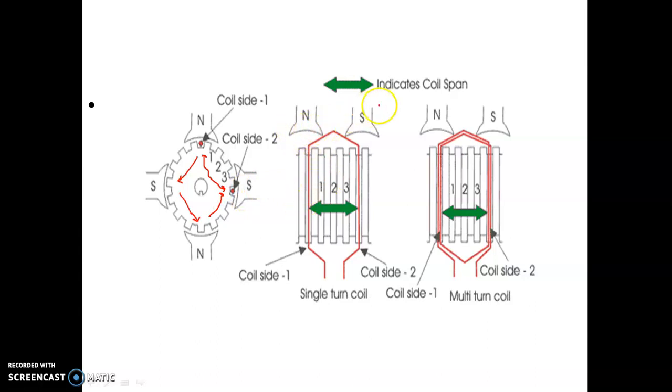This diagram is also indicated here. This is called coil span, north to south, and a single turn coil is given here. So coil span means a north and south pole that constitute 180 electrical degrees. Here, in the case of multi-turn coils, again it is a coil span from 1 to 3, showing like this.